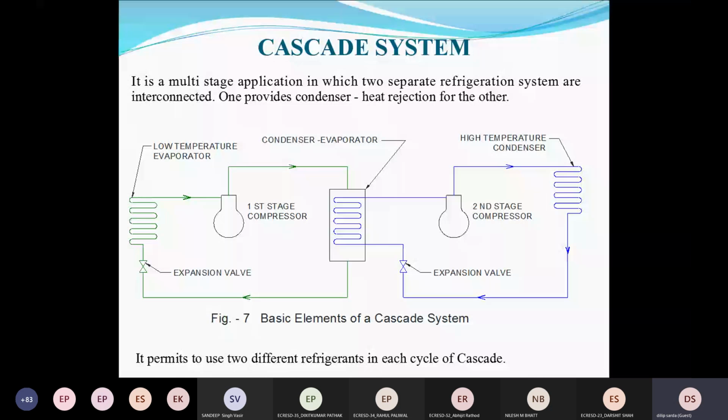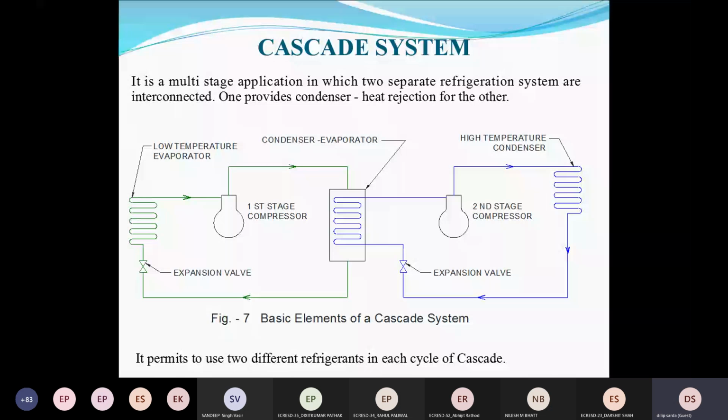And the evaporating temperature of ammonia at NTP is not as low as CO2. In case of CO2, we can get a lower evaporating temperature, but the condensing pressure is very, very high. And it's difficult to manage in most systems.